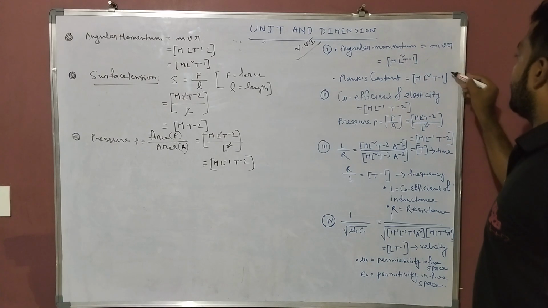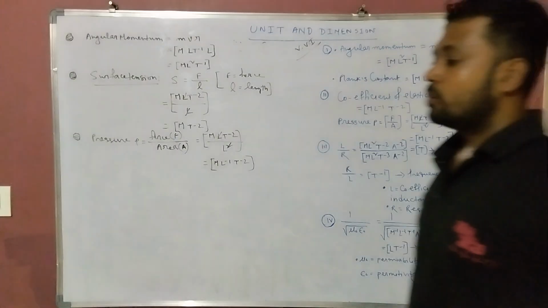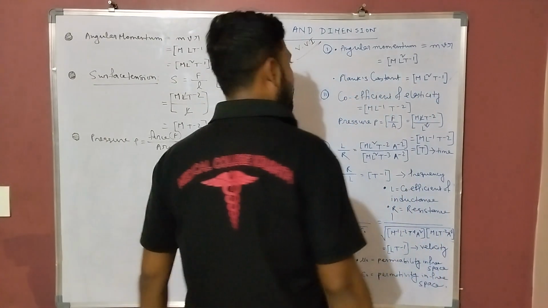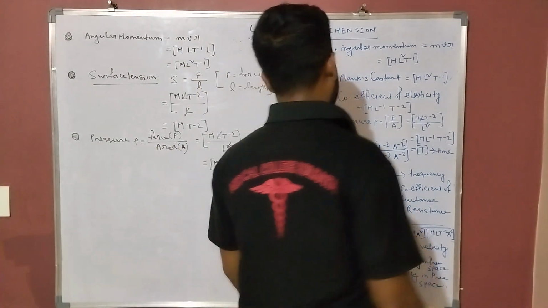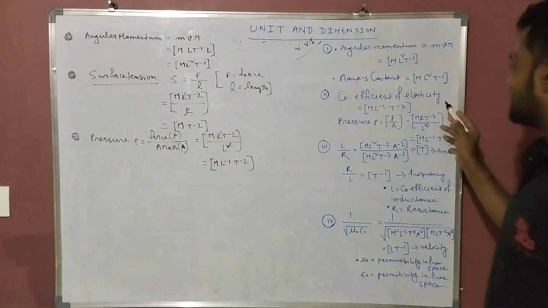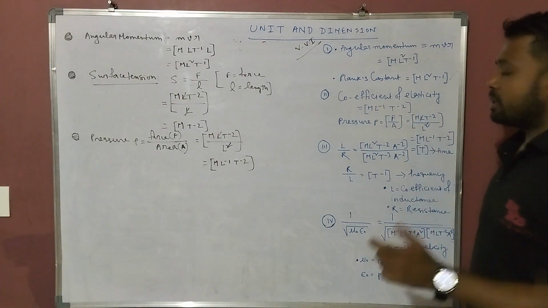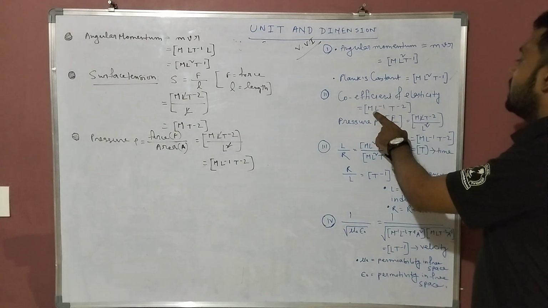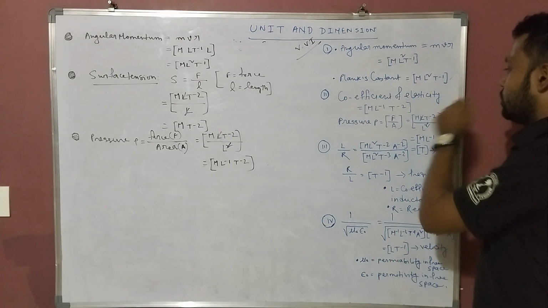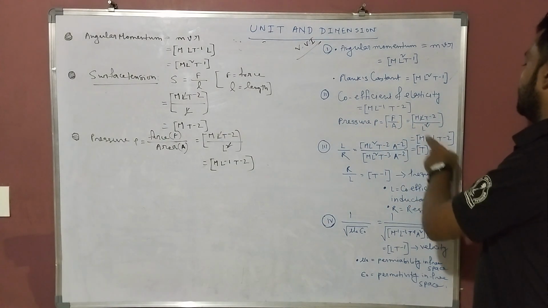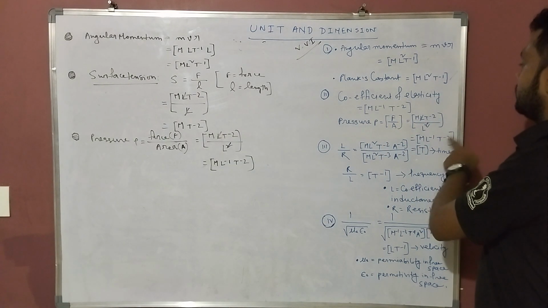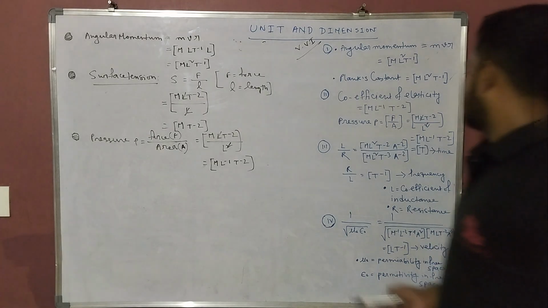Angular momentum and Planck constant both have the same dimension. That's why it is a very important point. Similarly, the dimension of the coefficient of elasticity is m L to the power minus 1 t to the power minus 2, and it is similar to the dimension of pressure P, m L to the power minus 1 t to the power minus 2.